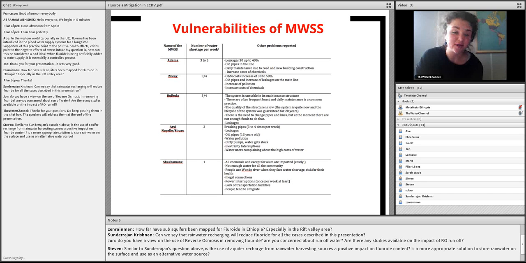As was also shown in the previous slide, the multiple water supply schemes that rely on surface water have to treat their water, so they have a higher operational and maintenance cost, but this is not always reflected in the water tariff.